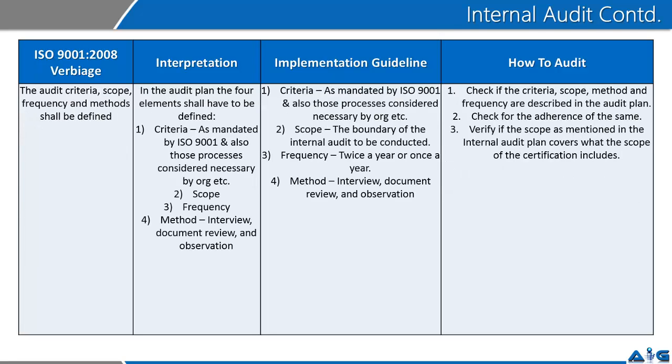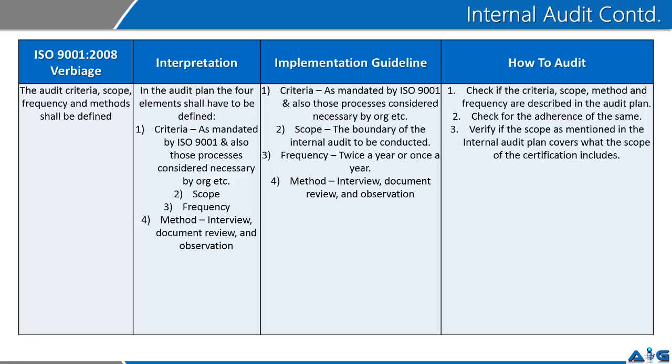It further goes down to mandate that the audit criteria, scope and frequency, method shall be defined. I would advise that while you are looking at implementing or auditing the ISO 9001 internal audit area, you must read through the ISO 19011 document, which is a mandatory document, I would say, for auditing practices for audit of 9001 and 14001. So you must go through that. ISO 9000 will also be a good document because it gives you vocabulary, the meaning of the terms being used here.